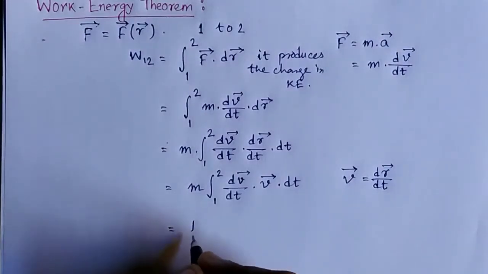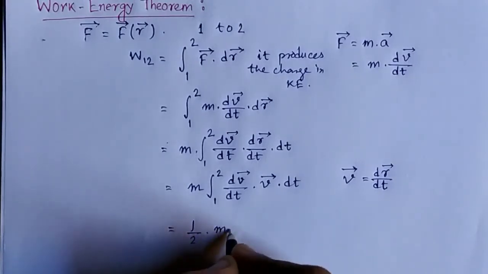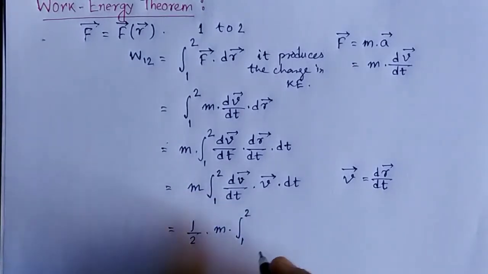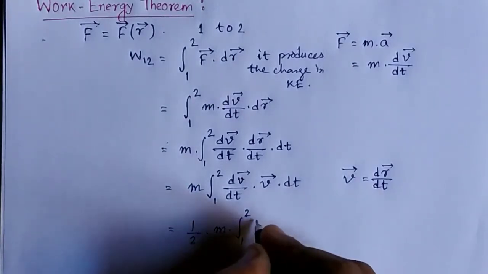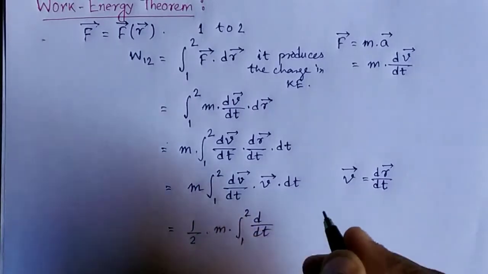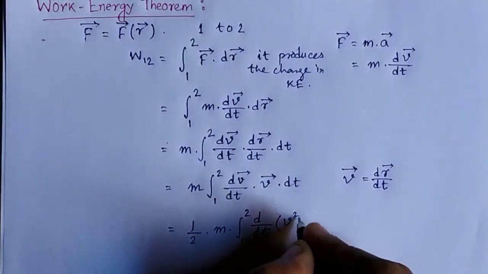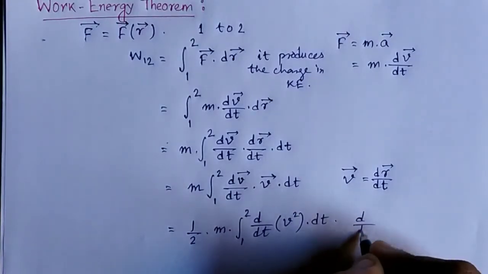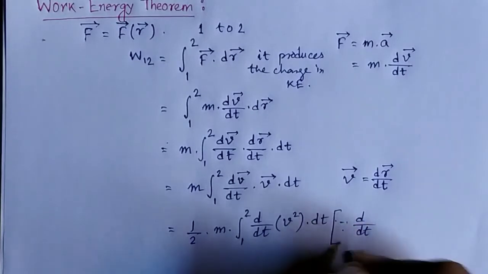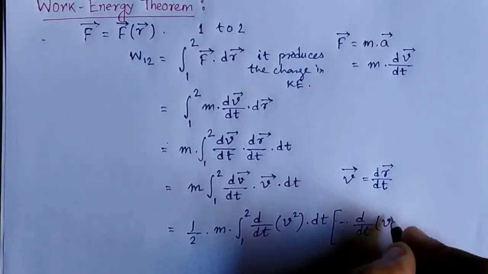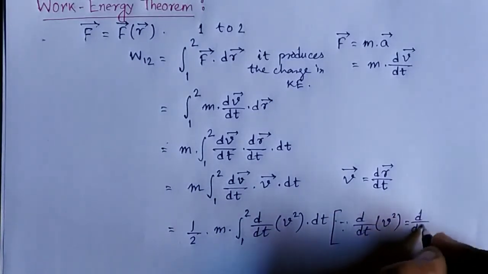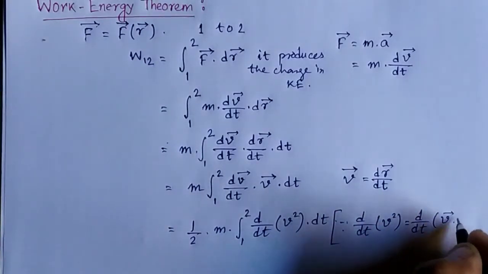This equation becomes half into m into the integration from 1 to 2 of d dt of v square into dt, because d dt of v square is equal to d dt of v dot v.